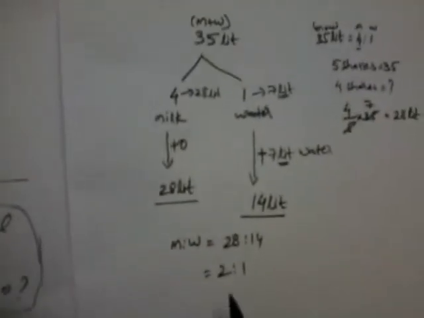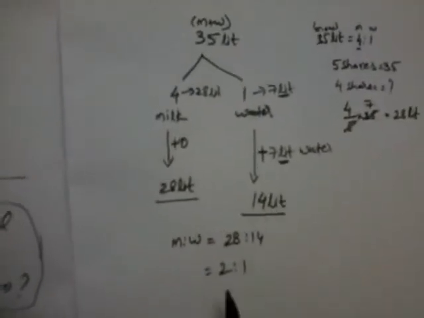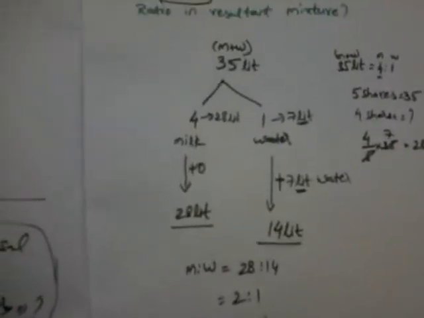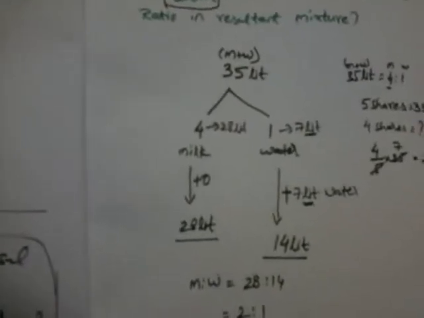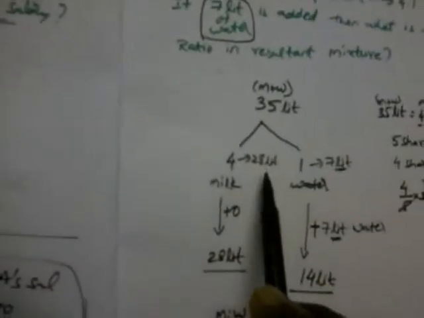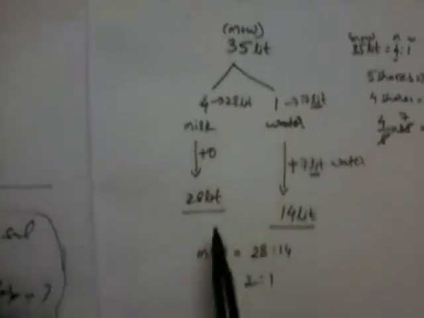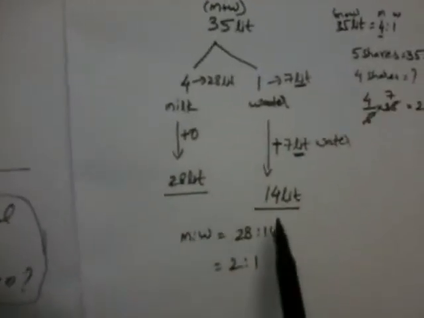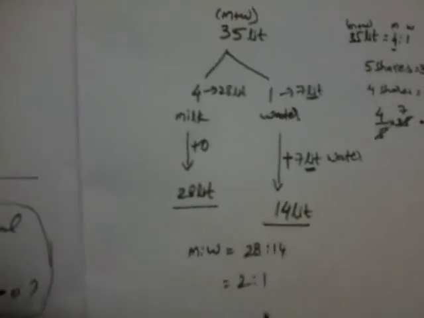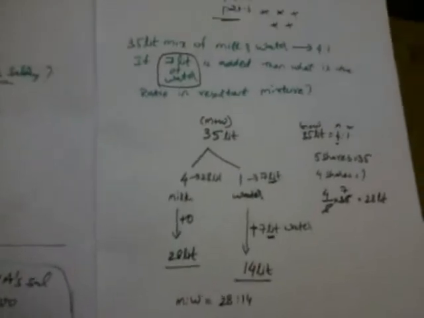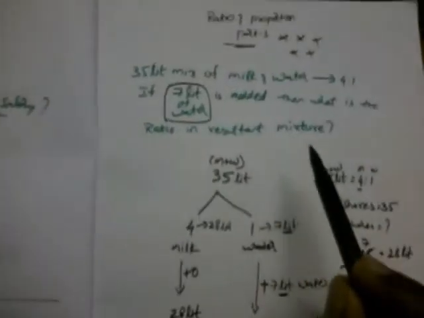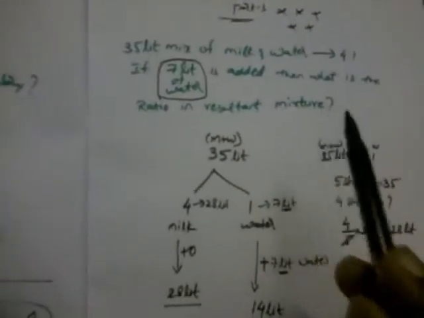Now after adding this amount of water, it has decreased to 2 is to 1. Initially the water was 7 liters, now it is 14, so it has doubled, and the ratio is halved. So by this process we can get the solution for this sort of question.